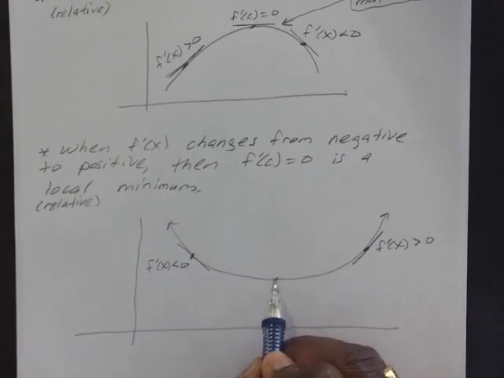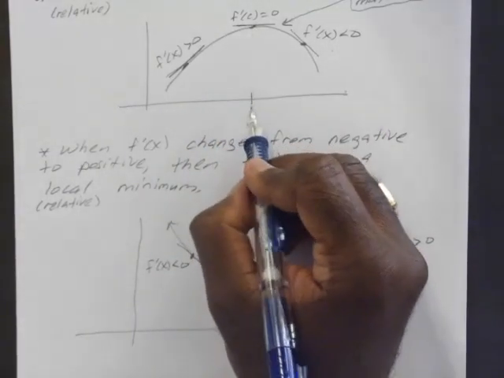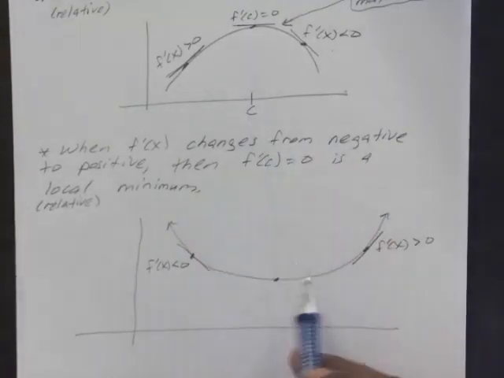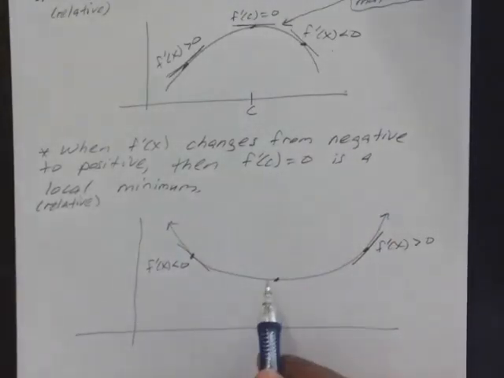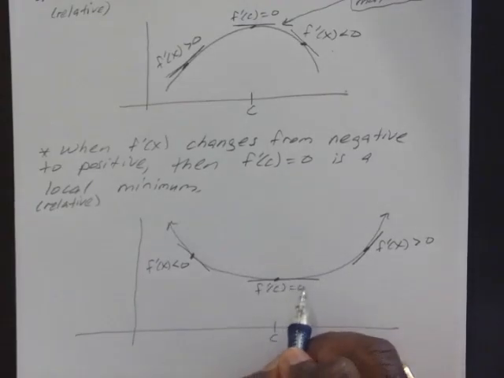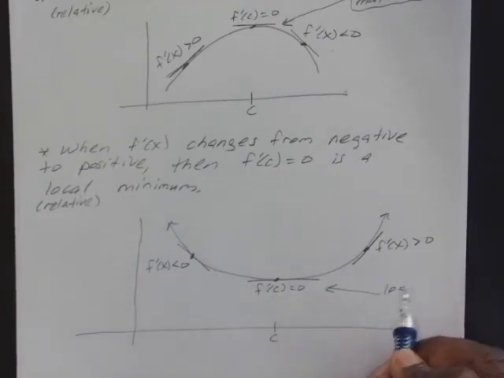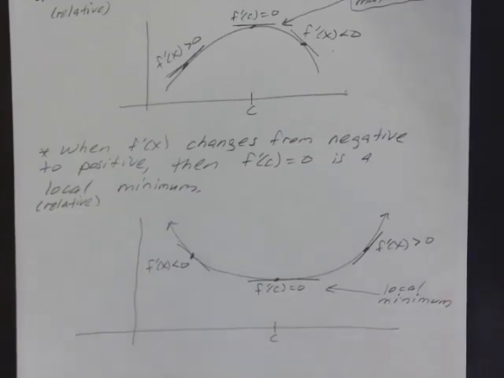That means that the point where f prime of c, and I forgot to put my c up here, so this should be above some value c, the point where f prime of c equals 0, that's our local minimum, or relative minimum, depending on which term the problem wants to use.